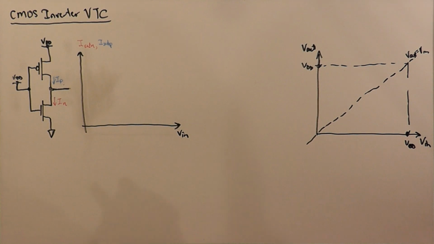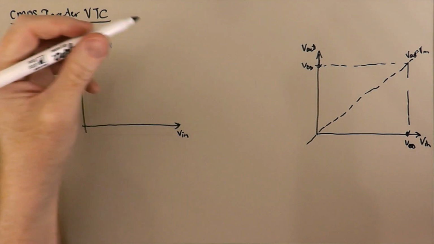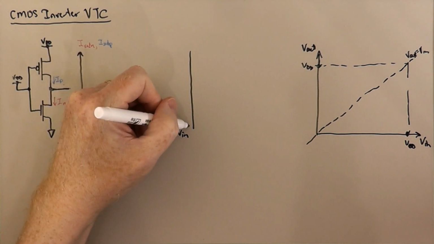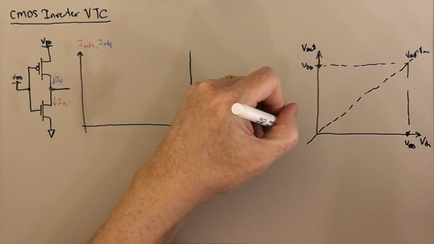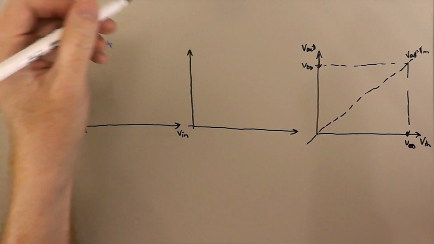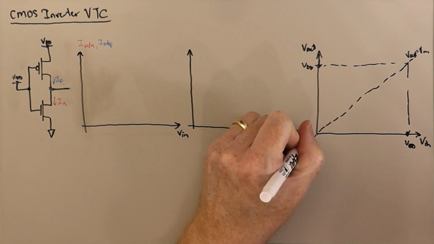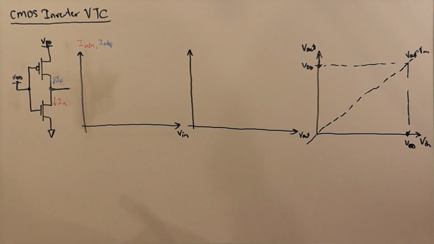And then we're going to have another plot here, which is going to be V out on the horizontal scale.